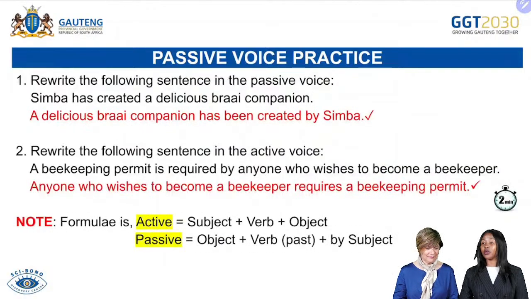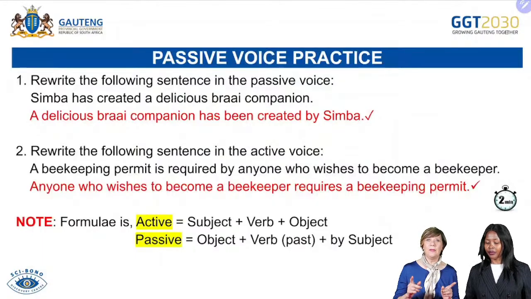You'll notice what happens to the verb. We move it into the past, but remember, the auxiliary verb must still maintain the main idea, which is that particular tense that was presented. If it's in the present, make sure that when you change it into passive, it still maintains the present tense, vice versa.